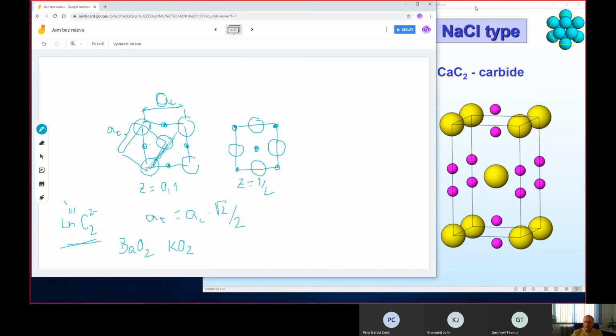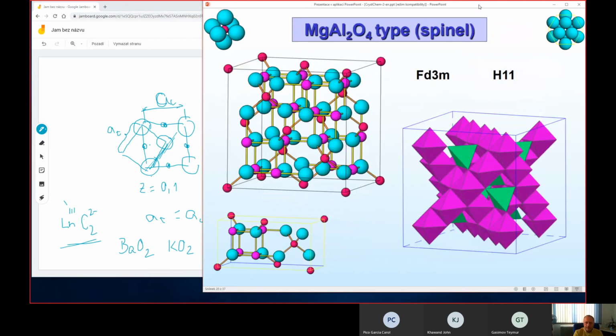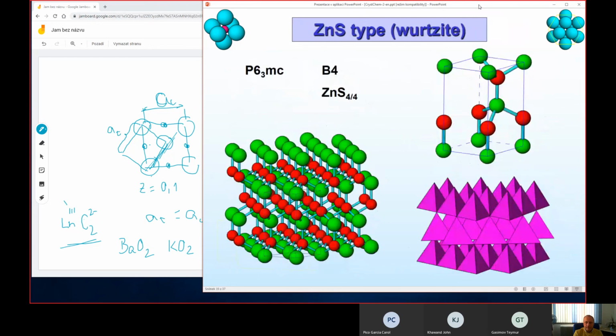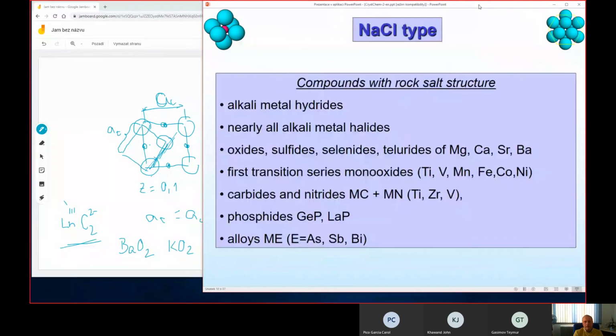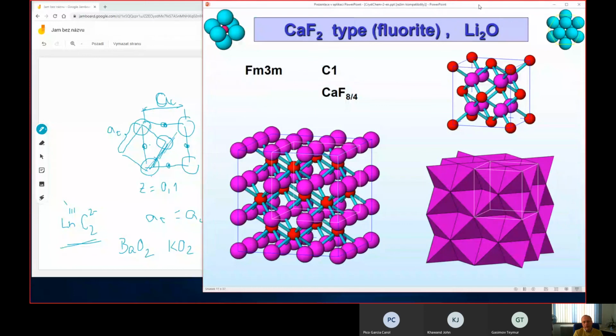Okay, let's come back to this, which is rock salt. And now if we fill all tetrahedral sites, we obtain the fluorite or calcium fluoride structure, which again has Fm3m symmetry. The coordination numbers are 8 and 4, cubic and tetrahedral.